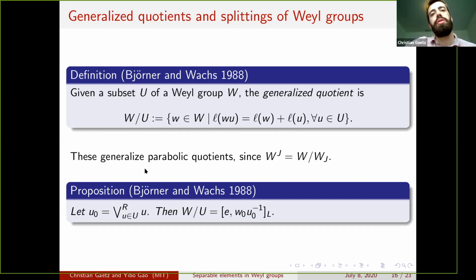This is called a generalized quotient because it generalizes parabolic quotients. One of the things Bjorner and Wax showed is that, if I take the join in the weak order of the elements of U, then the generalized quotient is actually an interval in left weak order below W naught times the inverse of that element.